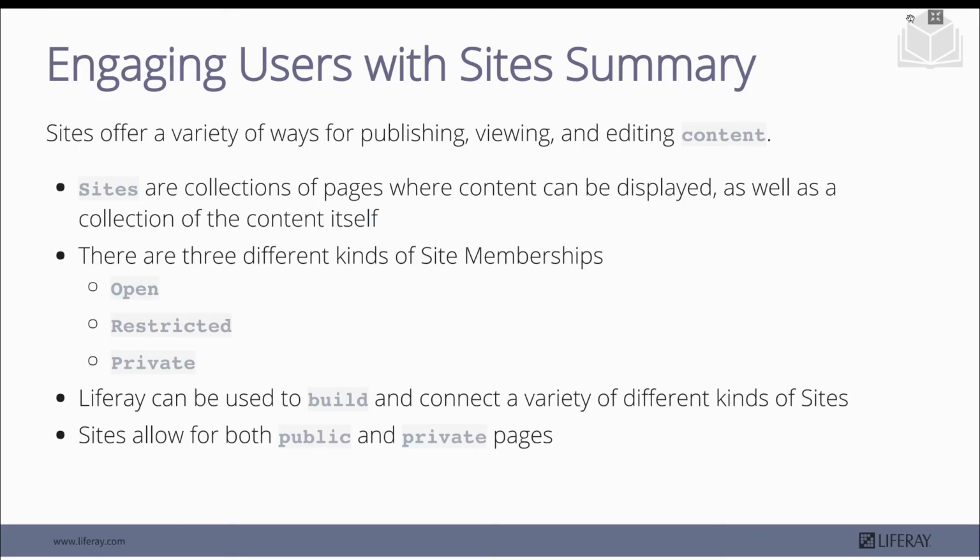So the pages are used to display the content within the site. Of the types of pages, there are different ways you can access them, or site memberships. The three different kinds are open, restricted, and private. So those are the three types of site memberships.